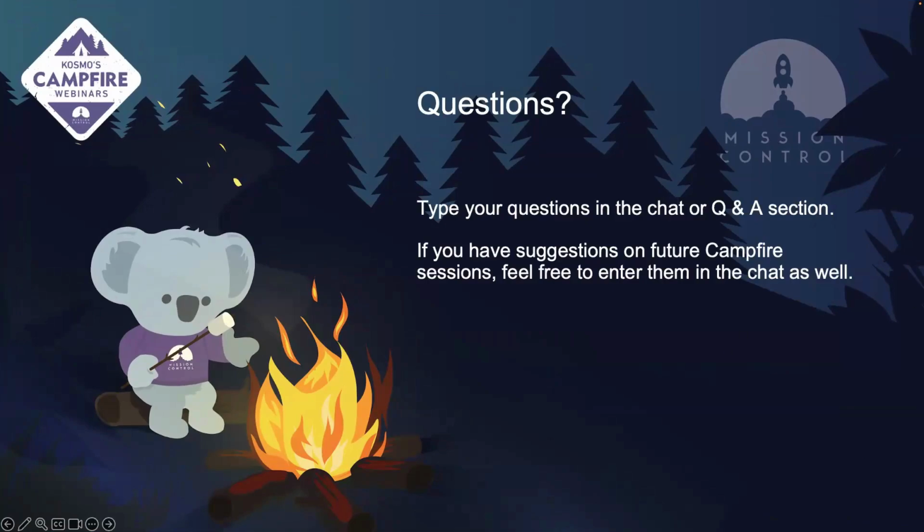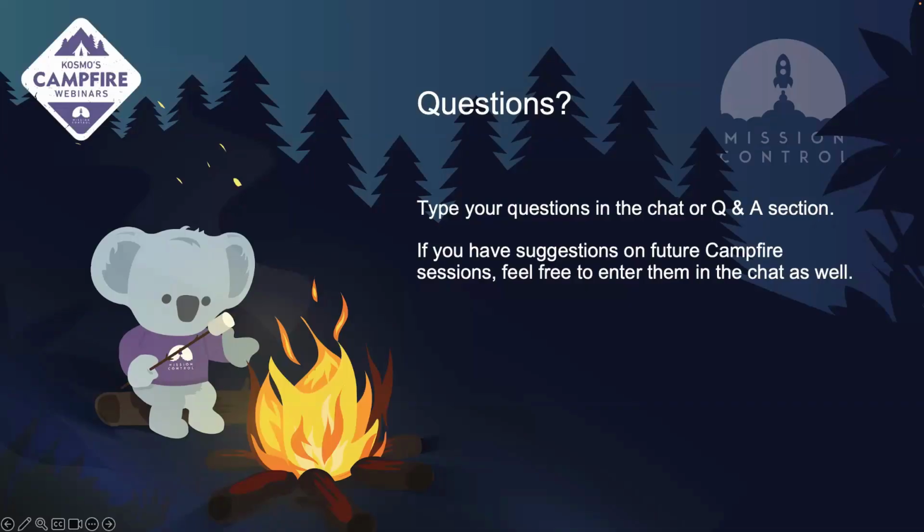There is one last poll I do want to make sure to ask. We have our closing poll, so it helps us to better understand what you want to see for our next Cosmo Campfires. If you have a particular feature that you would like to look at, please let us know. You can submit that our way.